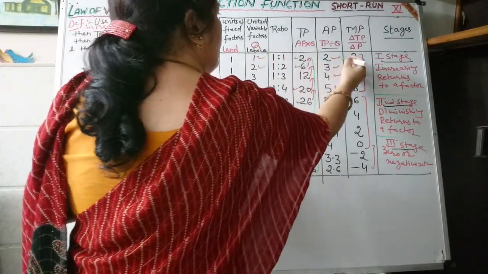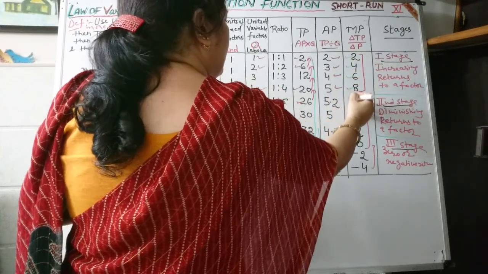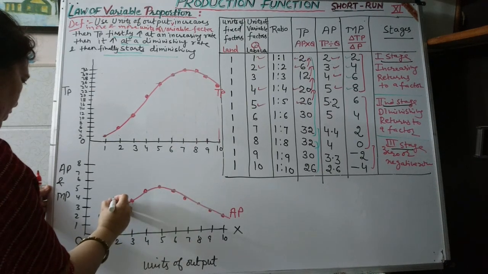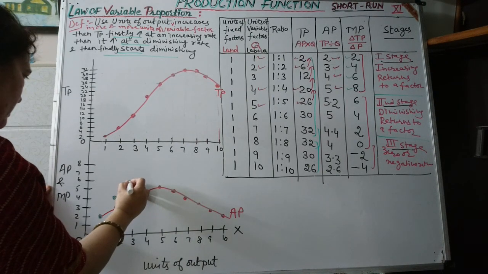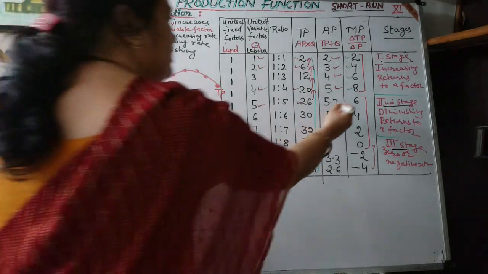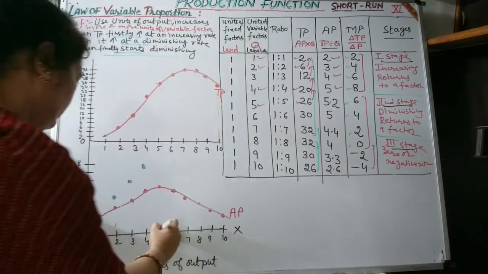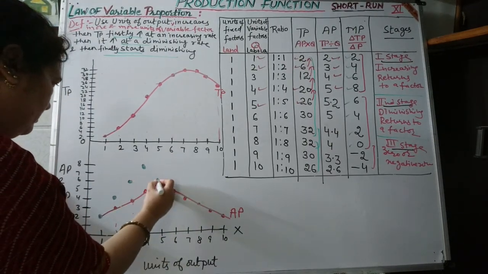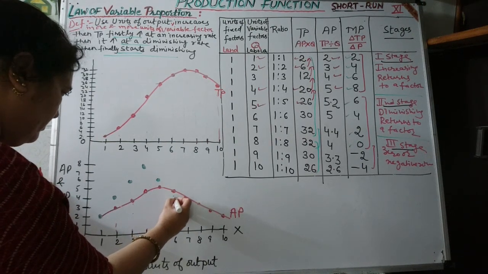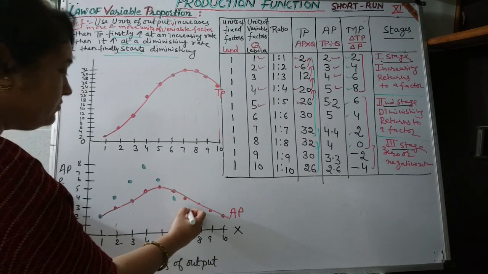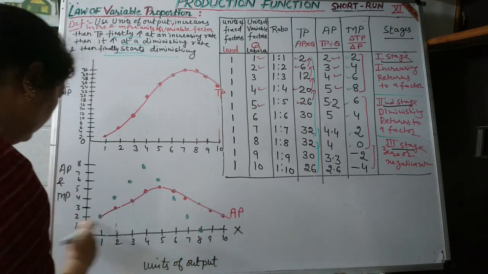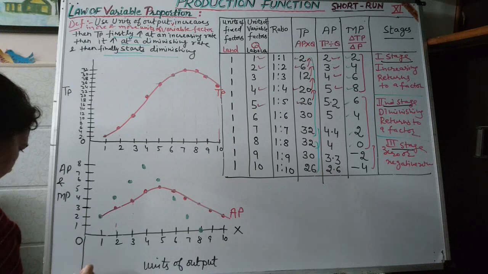Then let us draw marginal production. Marginal production at first unit of output 2, then 4, 6 and 8. Maximum at fourth unit of output, then 6, 4, 2, 0. At fifth unit, this is 6. At sixth unit, this is 4. Seventh unit, 2. Eighth unit, 0. And let us take negative values also.